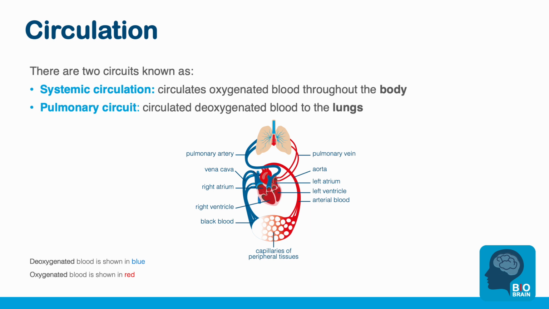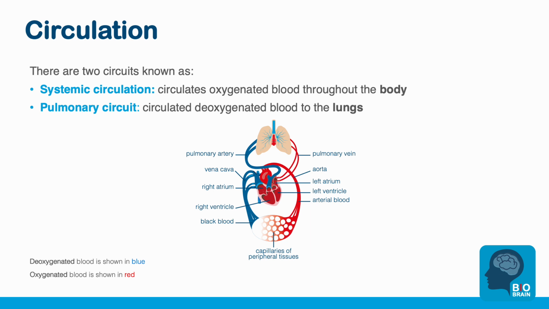The systemic circulation begins where oxygenated blood is pumped from the left side of the heart out through the aorta to arteries to be circulated around the body to various organs, muscles, and other locations to deliver oxygen and nutrients via the capillaries. Next, the blood is pumped back to the heart.